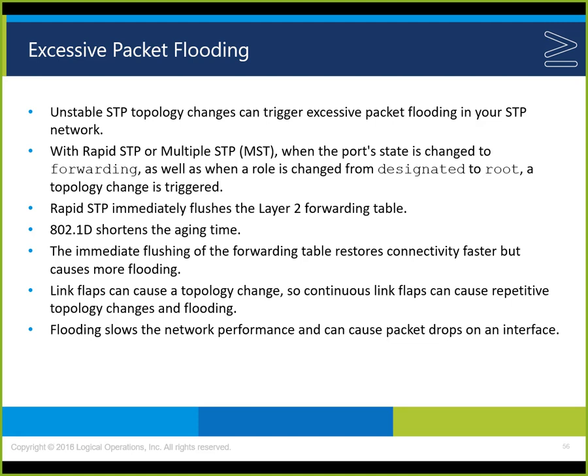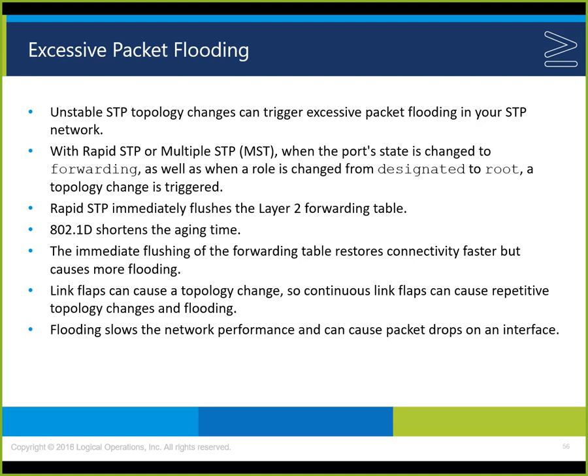It says here that the immediate flushing of the forwarding table restores connectivity faster, but there is going to be more flooding. Link flaps cause topology changes, so a continuous link flap, a link going up and coming down, can cause repetitive topology changes and flooding, more traffic, more topology changes.